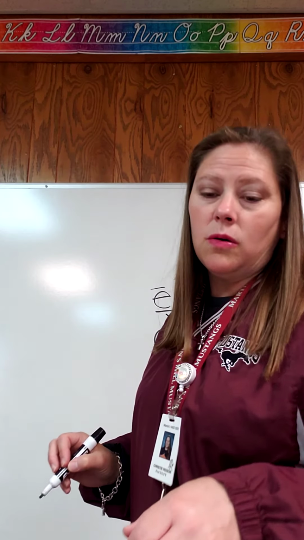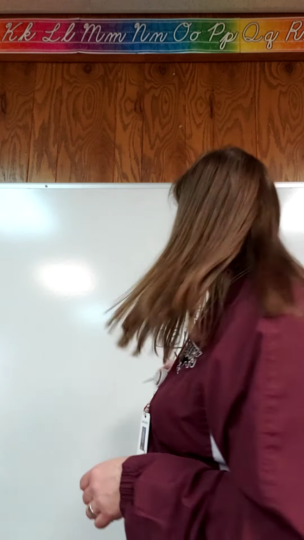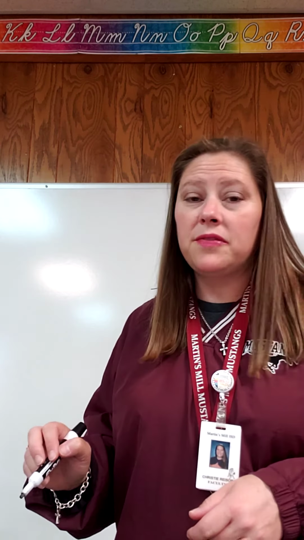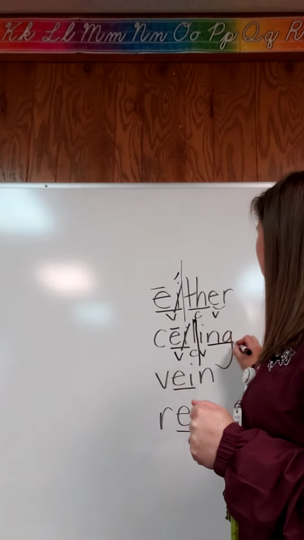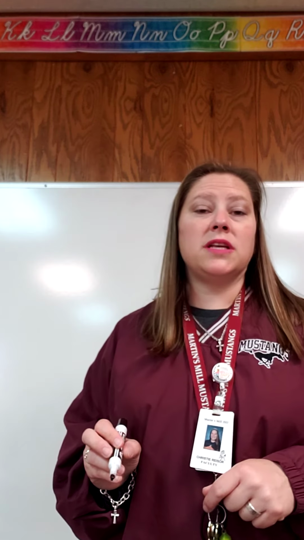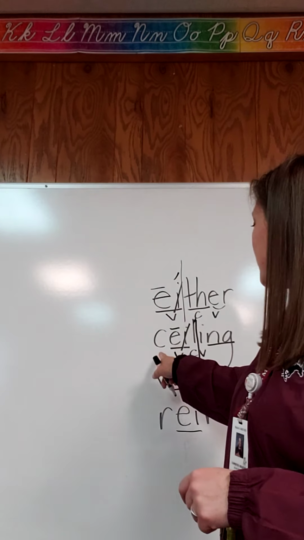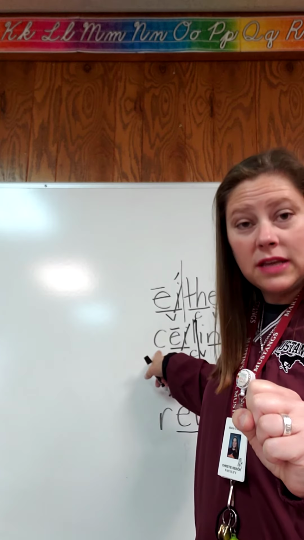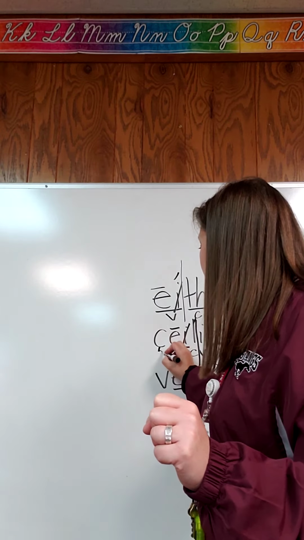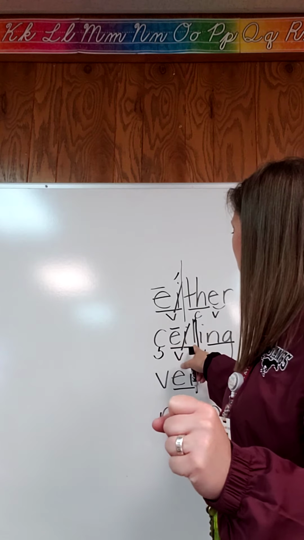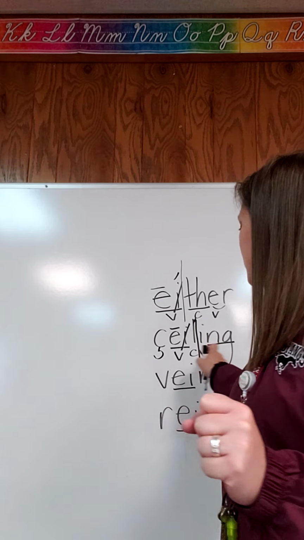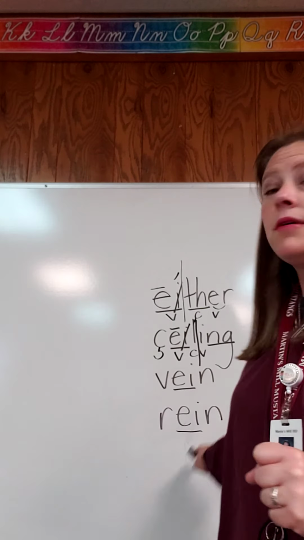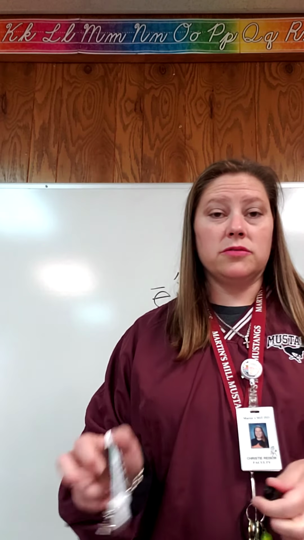Okay, and so your accent on this one is going to be right there, and then you've got NG digraph, which says ng, and so we've got ceiling. Okay? And then for vein and rein, there's nothing else to do on those two.